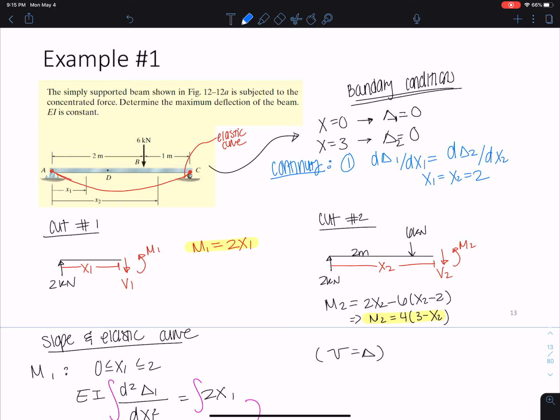At that point too, I know that this has to be continuous, right? Whatever happening before has to happen after. And I also know that my delta 1 has to equal delta 2 at this x1 equals x2 equals 2, because it has to be a continuous piecewise function. I can't have a break there or it's not a function.